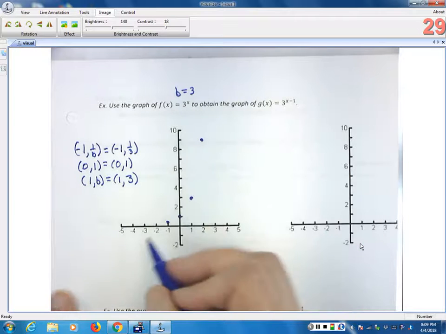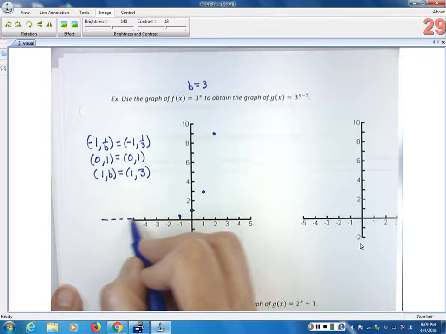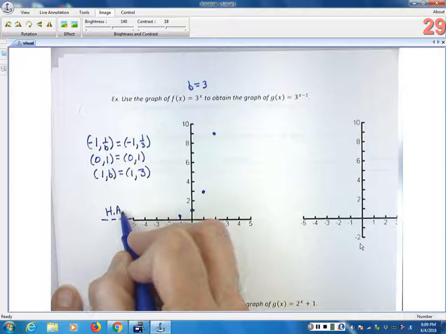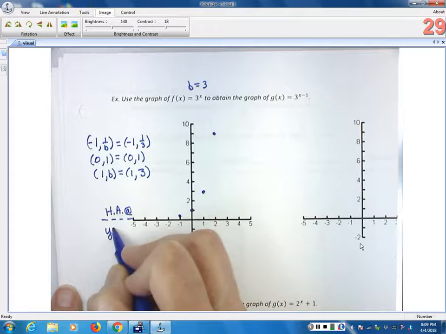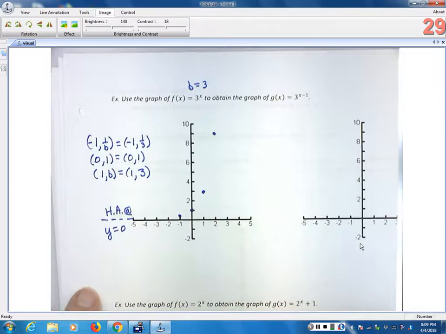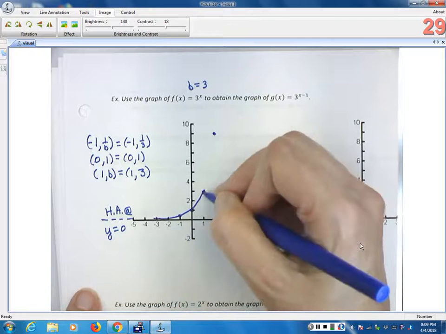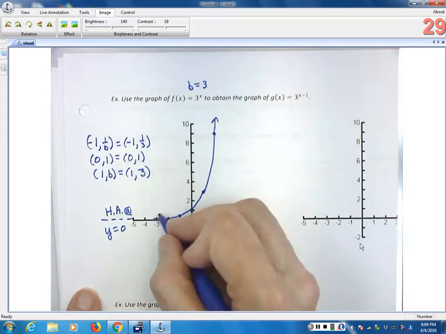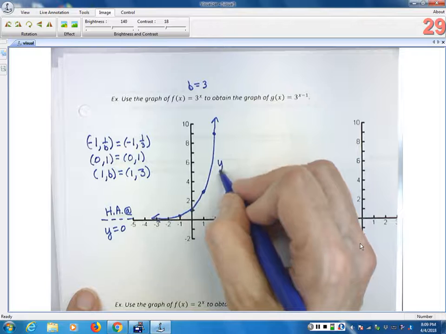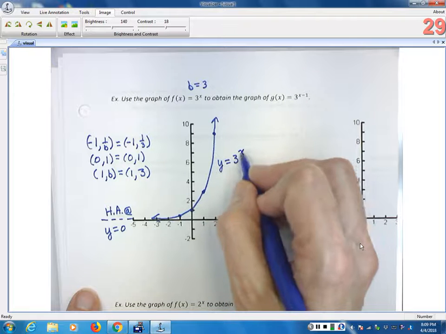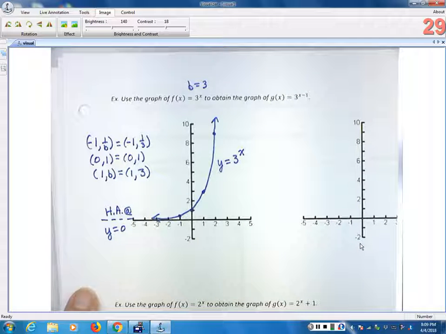And then this is a horizontal asymptote at y equals 0. So this is the graph y equals 3 to the x. And you do need to label your horizontal asymptote on the graph.